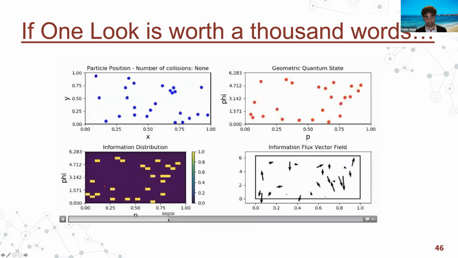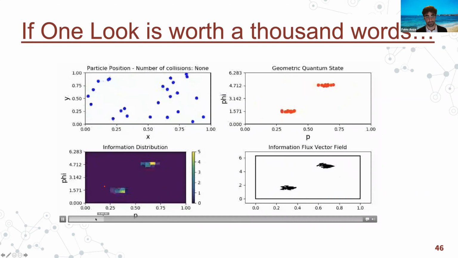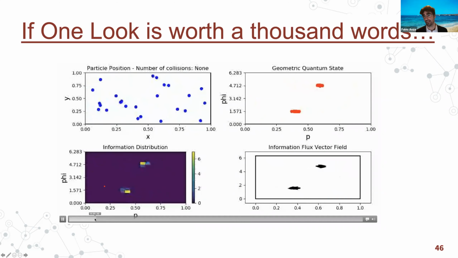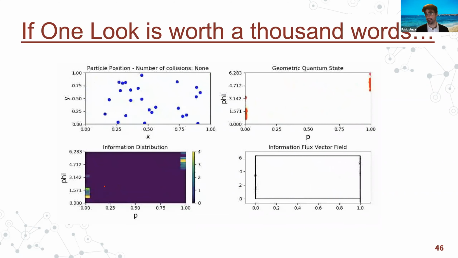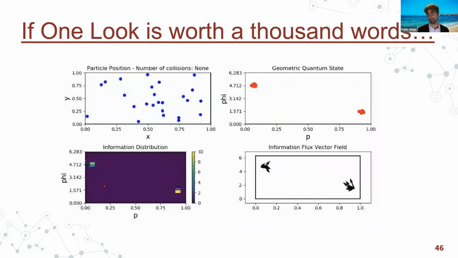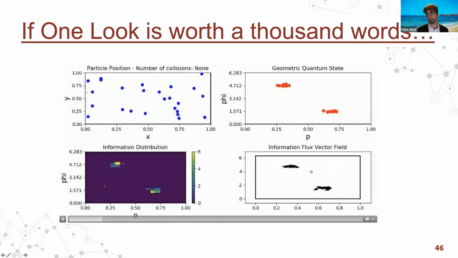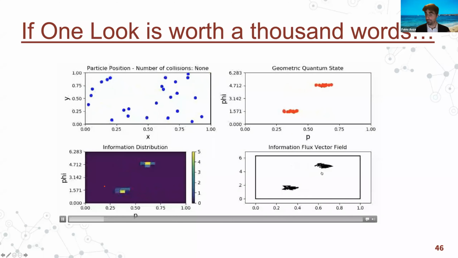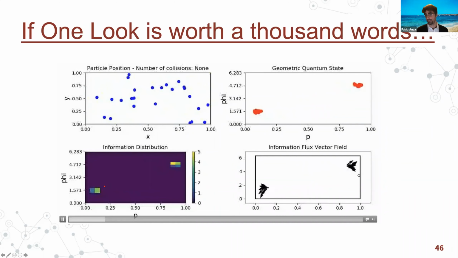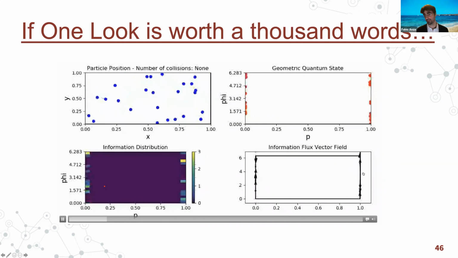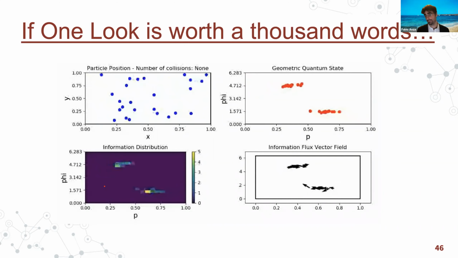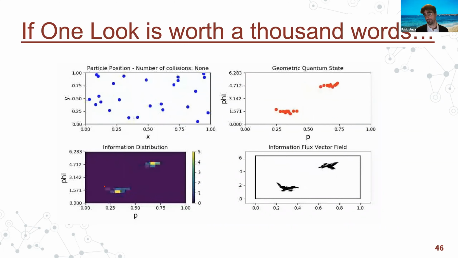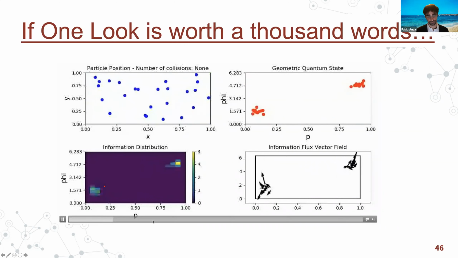But as you progress in time, you can see that basically the points start to divide and fill a slightly different flow. And I've plotted the flow, the information flux, in the bottom right corner. Those are the derivatives of the points at each time.